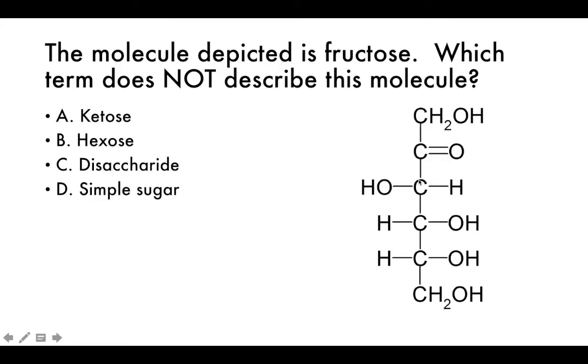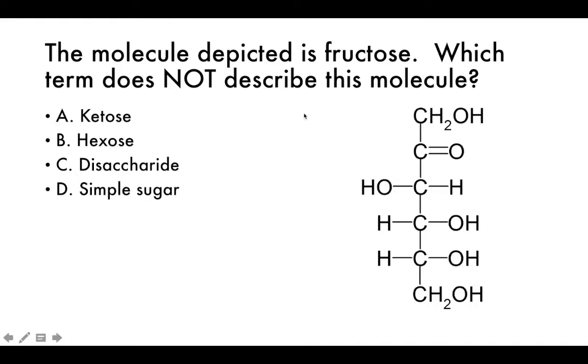Is it internal inside the carbon chain, or is it terminal? Is it at the end of the carbon chain? You can see here that the carbonyl, the C double bonded to O, is between 2 carbon atoms. So that is a ketone, not an aldehyde, so it is in fact a ketose. Okay, so that's one way we can categorize simple sugars.